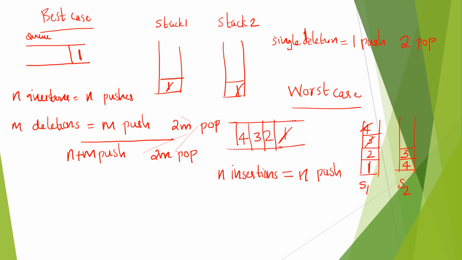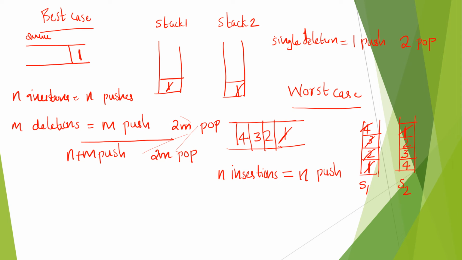Then 2 pop and 2 push, then 1 pop and 1 push. Now we will delete this one from the top of the stack.